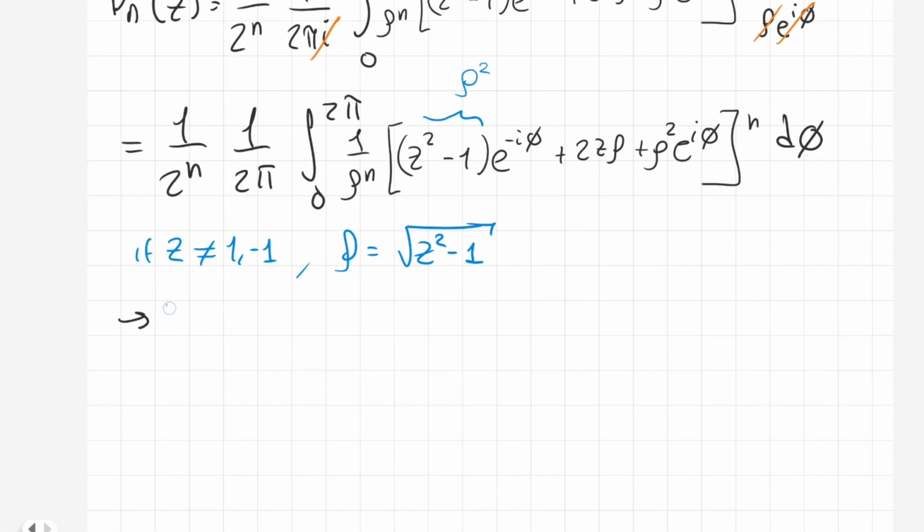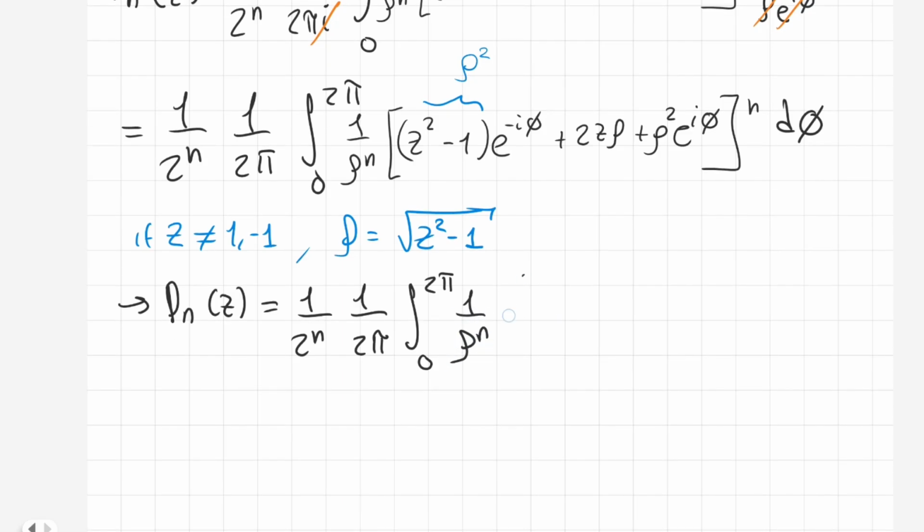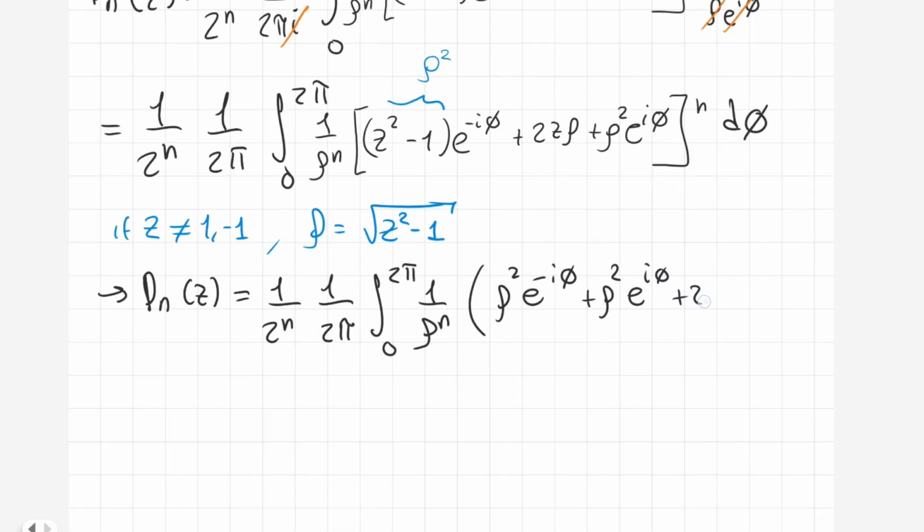Perfect. So P sub n of z is going to be 1 divided by 2 to the n, 1 divided by 2 pi, and then the integral from 0 to 2 pi of 1 divided by rho to the n, and then rho squared e to the minus i phi plus rho squared e to the i phi, and then plus 2z rho, then all these raised to the n power d phi.